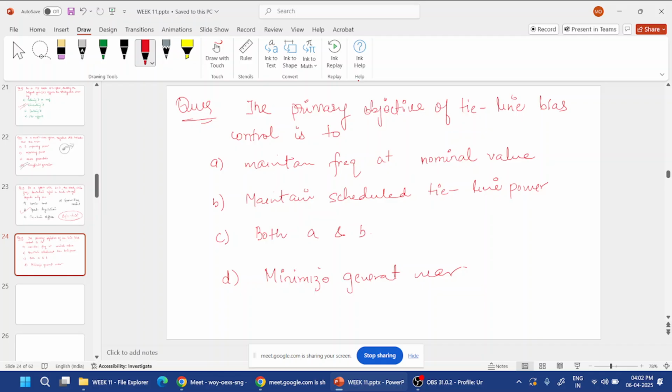So it's quite clear. The objective of tie line bias control is first to maintain the frequency, and it also schedules the tie line power.